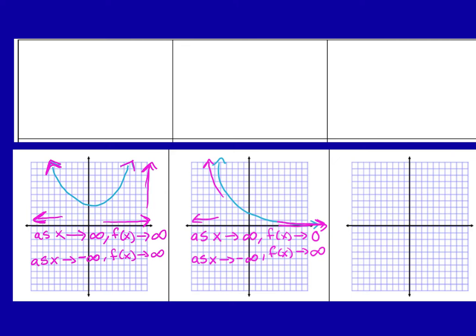All right, and the last example, it's just a quick sketch, but I'm going to put a horizontal asymptote at 3. And let's say we've got this function here, this graph.